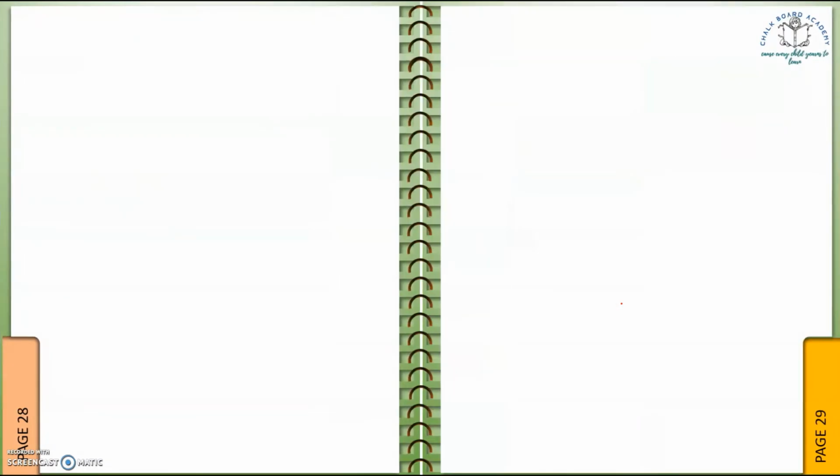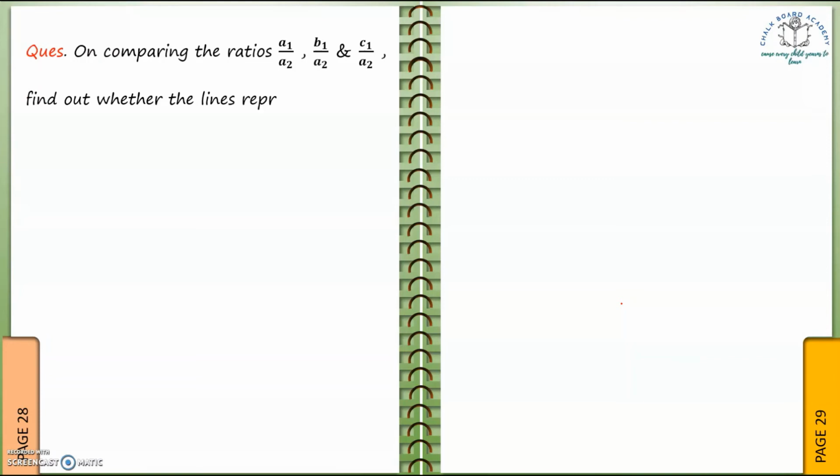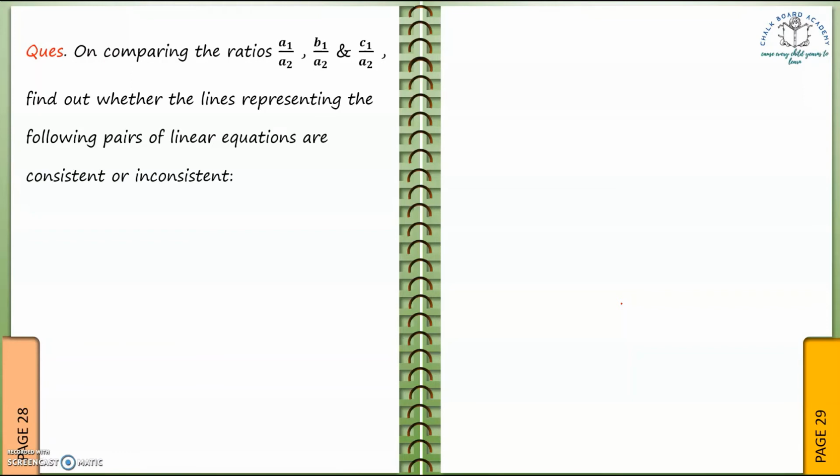Moving forward, let's look into another question. In this, we are again going to compare the ratios, but here we are not supposed to find out whether they are intersecting, coinciding or parallel lines. Here we are going to find out whether these linear equations are consistent or inconsistent. As we have seen in the table, when the equations are intersecting or they have many solutions, they are called consistent.